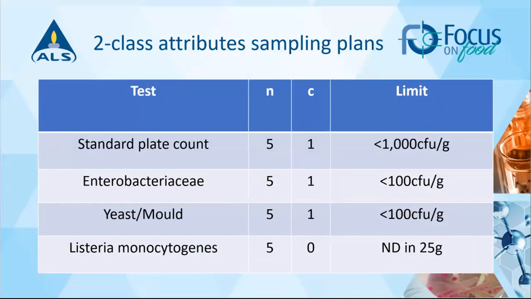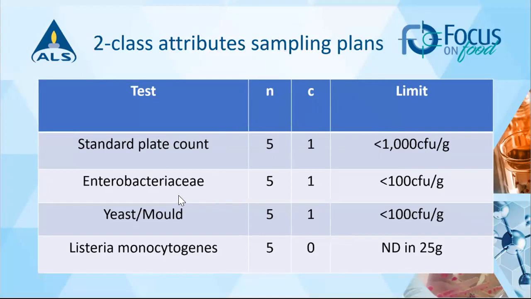Looking at this table, you can see that for the standard plate count, we test 5 samples, that's the n figure, and the acceptance criteria for that sample is less than 1,000 CFUs per gram. The c figure is the number of samples that is permitted to be out of specification, so 1 sample is permitted to be out of specification.